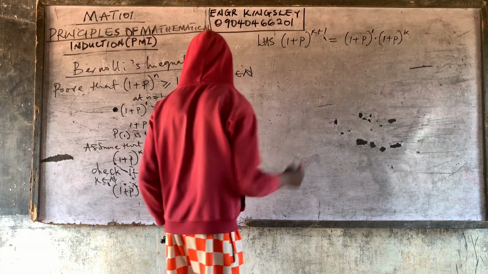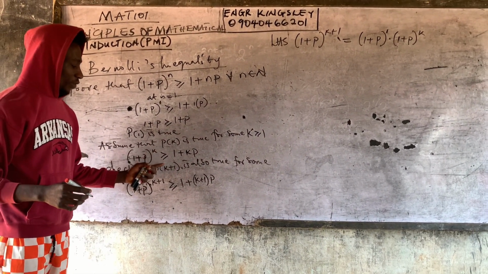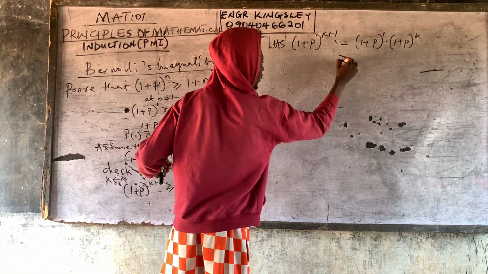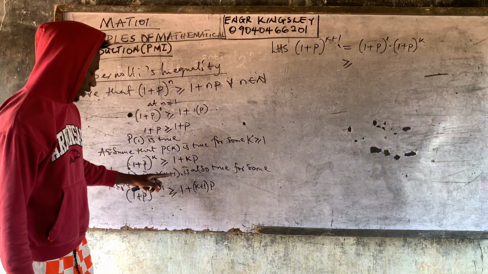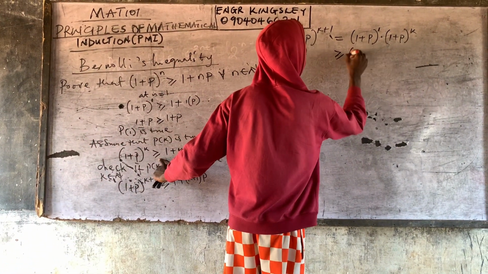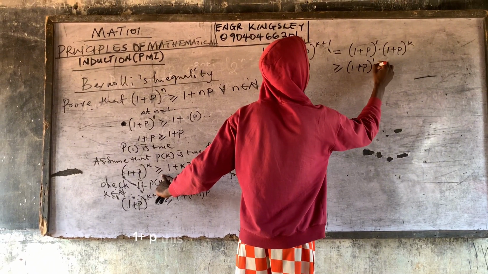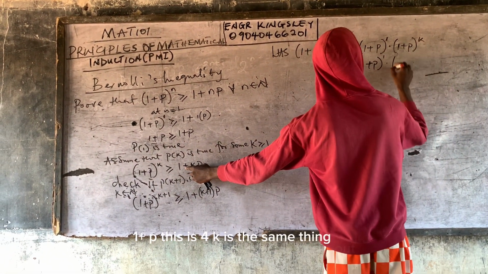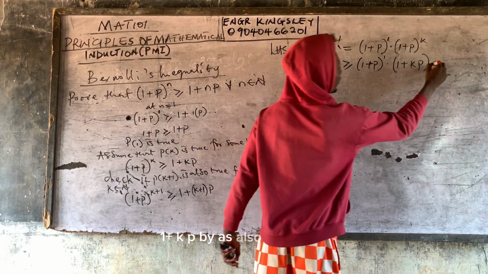In the assumption we have that (1 + p) raised to the power k is greater than or equal to 1 + kp. So using this inequality property, we change the left hand side to this value: (1 + p) raised to the power k is the same thing as 1 + kp by assumption.